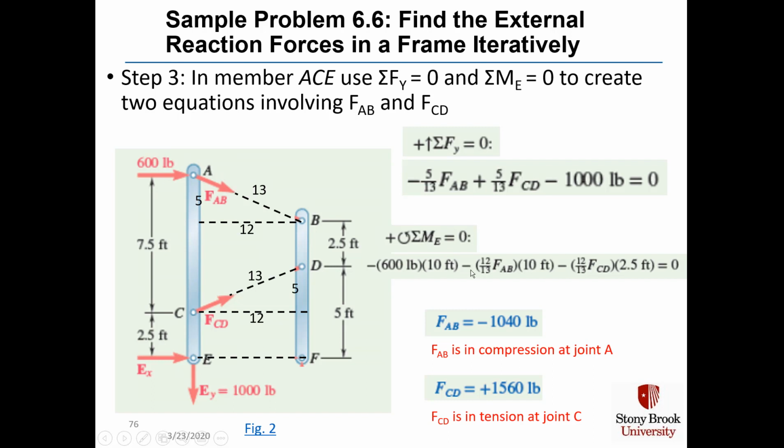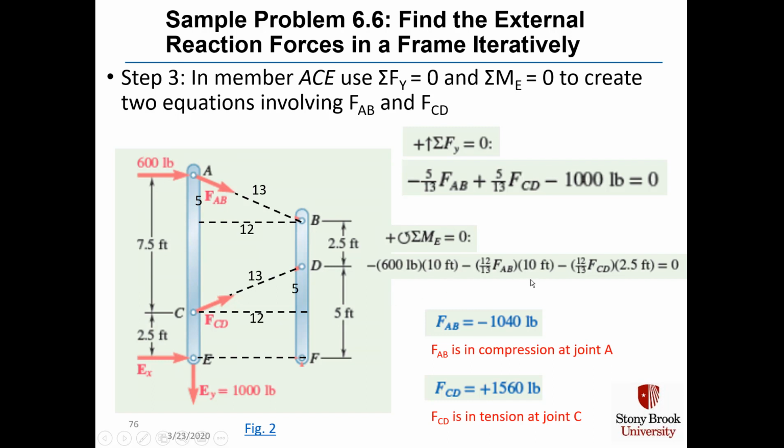And hence the minus sign because we're rotating clockwise, and its perpendicular distance is also 10 feet, 7.5 plus 2.5. And we have F_CD wanting to rotate clockwise around point E, and its horizontal component is 12 divided by 13, but its lever arm is only 2.5 feet, and that's our second equation.